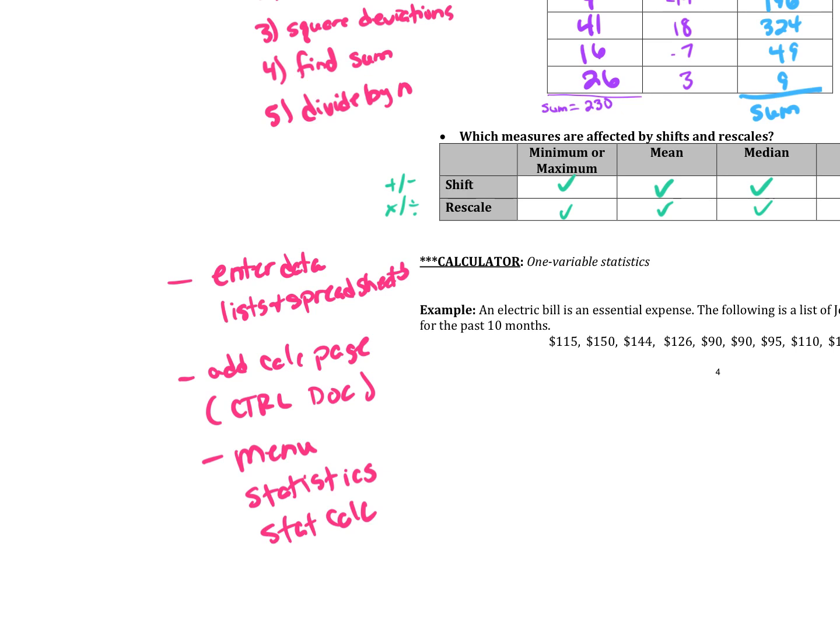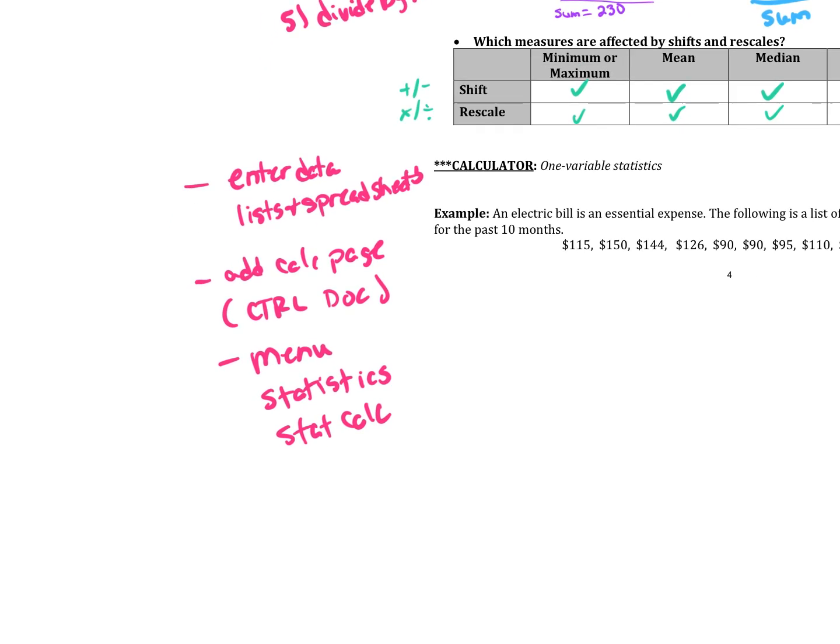Good. Uh-oh, I always do that. I click too hard and I get to the wrong thing. And then number of lists is just one, that's fine. Click here if you need to, it'll show you what your possible lists are, and then okay.